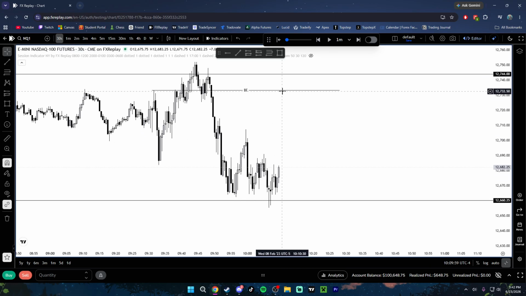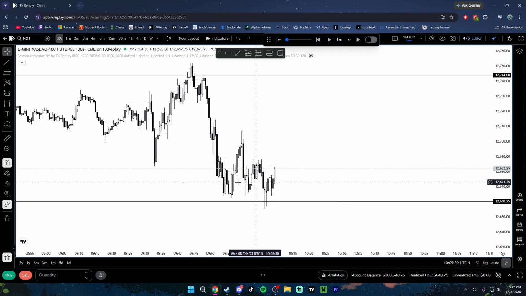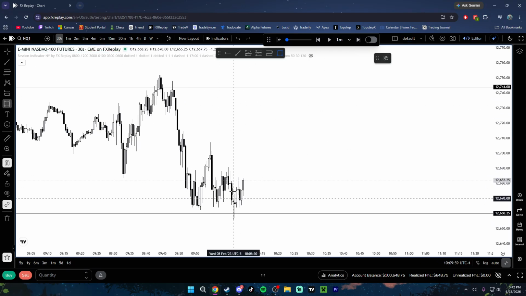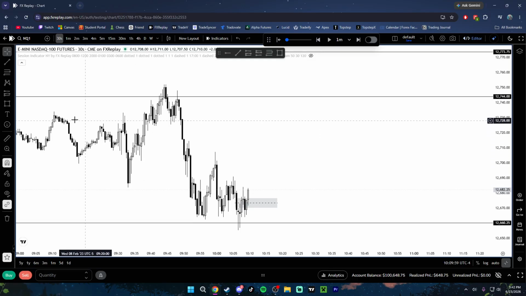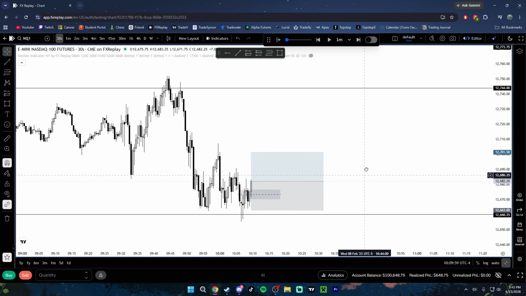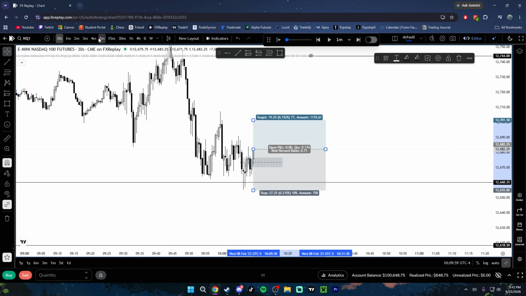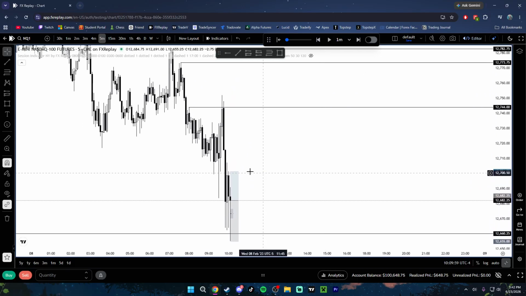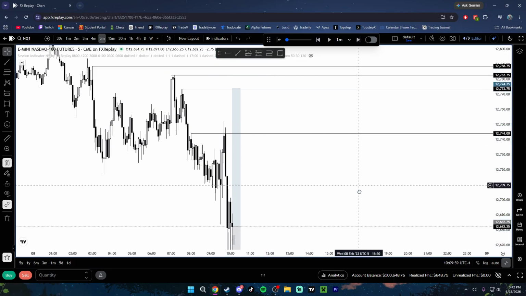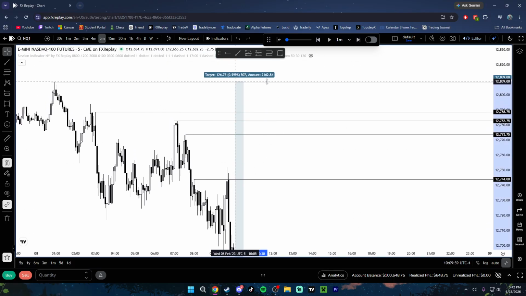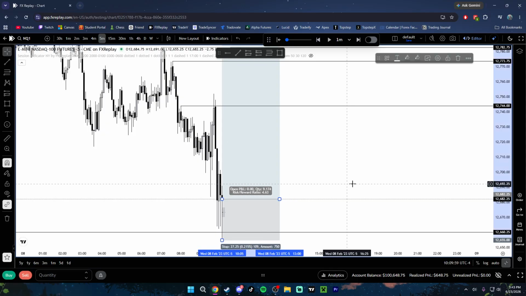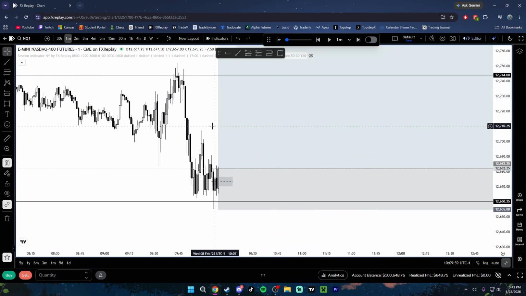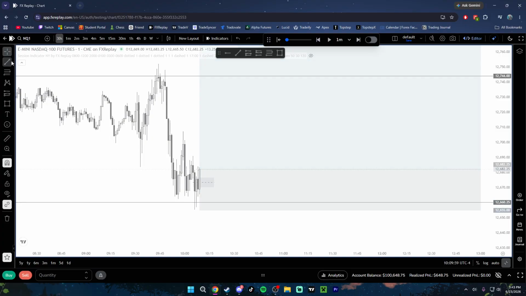Okay, we have a 30-second reverse right here. Delivering from the liquidity lower. We could target the highs once again. Then we could break even at the internal high.